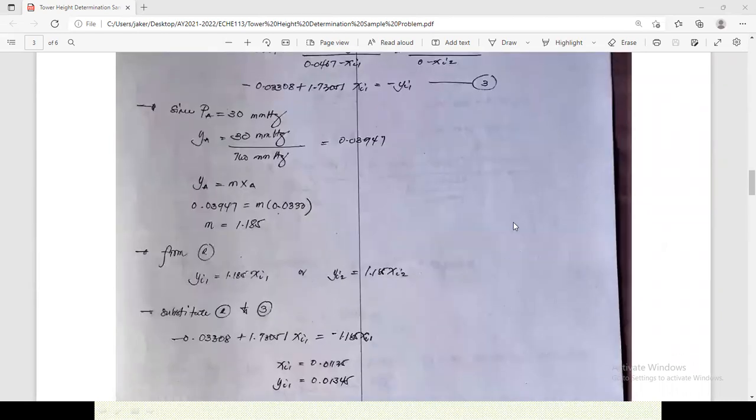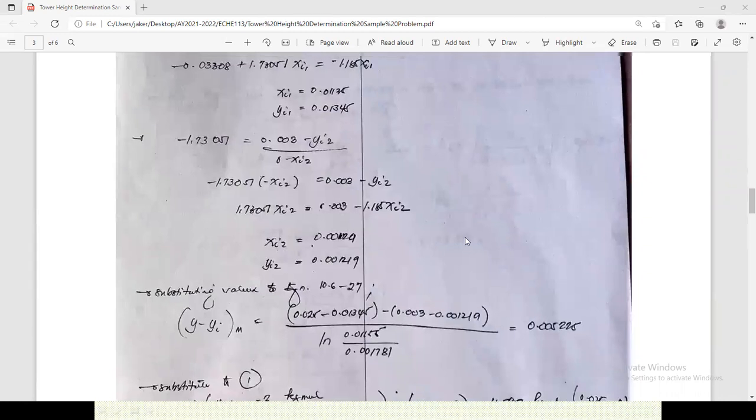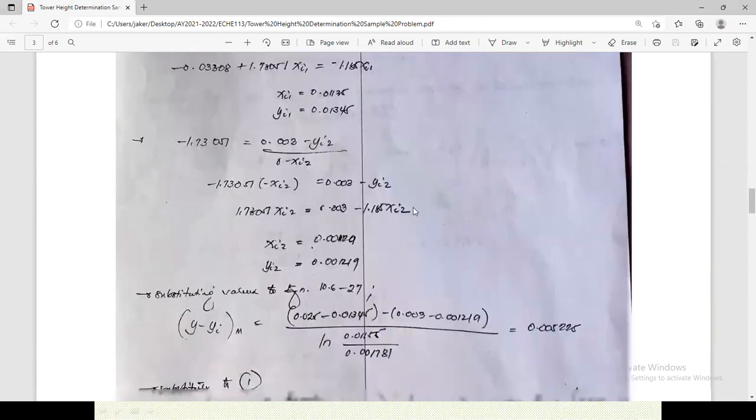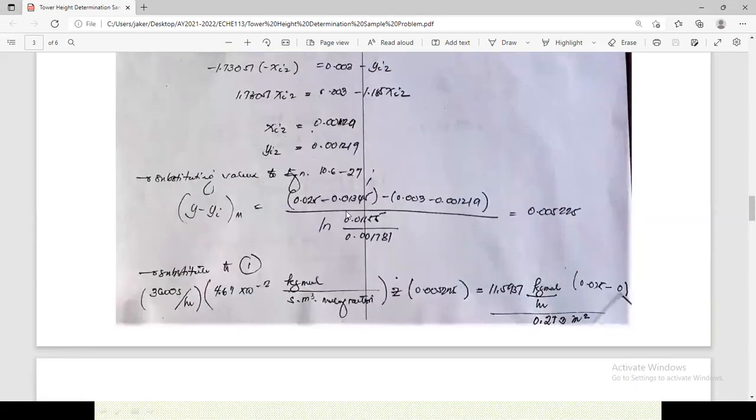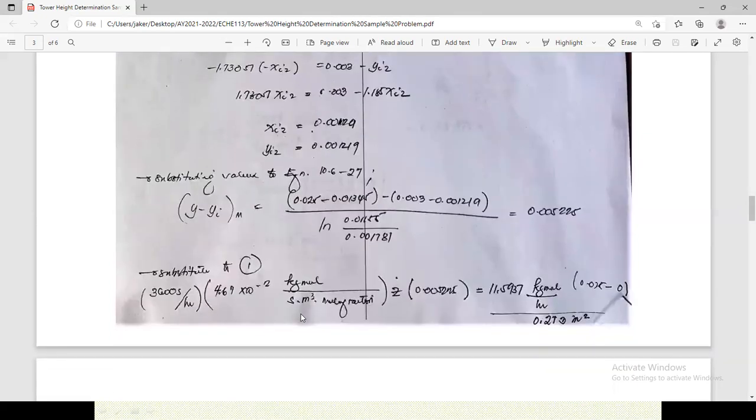The resulting equation is solved simultaneously together with this one, y2 equal to 1.185 xi. In the process, we get now all four concentrations at the interface: xi1, yi1, xi2, yi2. So since we have everything complete, we need to go back to our y minus yi, quantity subscript m, and solve.